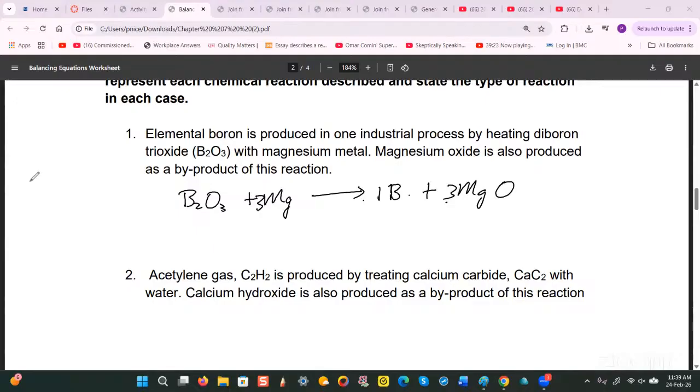I forgot the 2 up there. Boron should be 2, that's for sure. Magnesium would be 3 because, okay, right. So that's it. Okay. And what type of reaction is this? Single displacement. Very good.